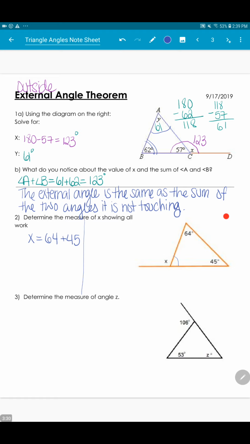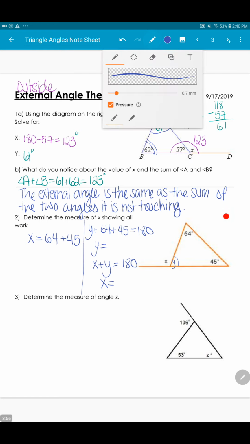If you really wanted to do this, you could solve for this angle first and set that up also. Y plus 64 plus 45 equals 180 because they all make that triangle. And then once you get y, you would have to do x plus y equals 180, and you would get x.